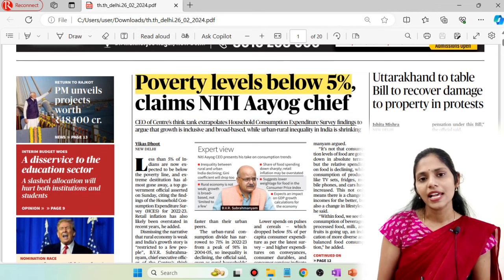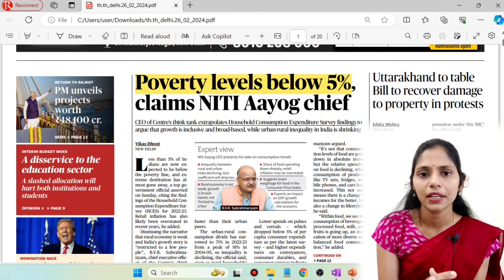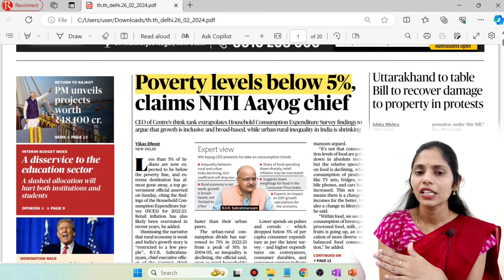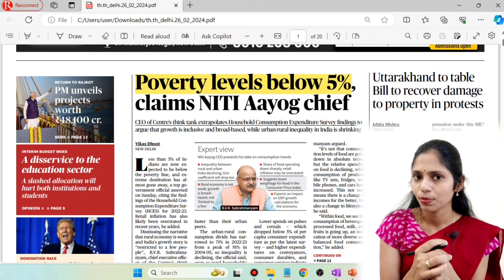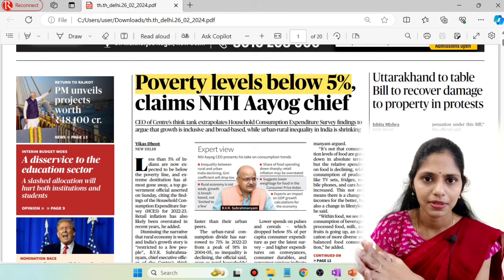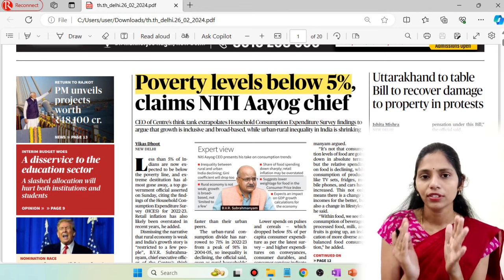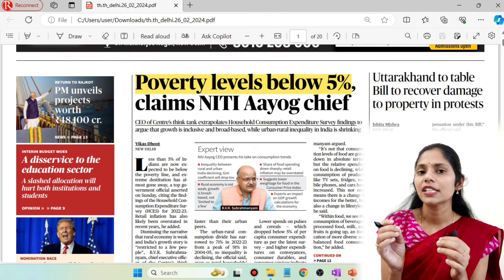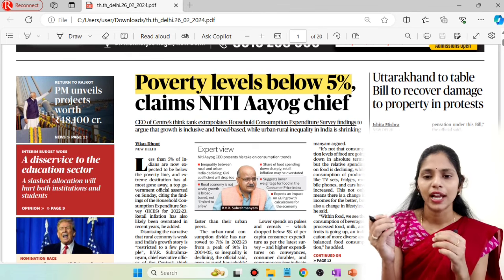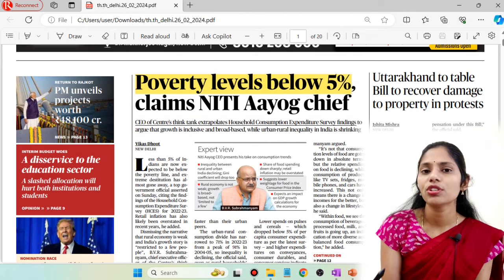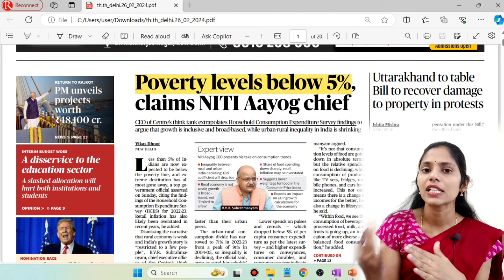Many students are asking me how they can pick up the articles. To know which article is relevant from our examination point of view, we have a guide, and that guide is nothing but our syllabus. If you have thorough knowledge of the syllabus, that will be very helpful to pick out the articles and select which are important.